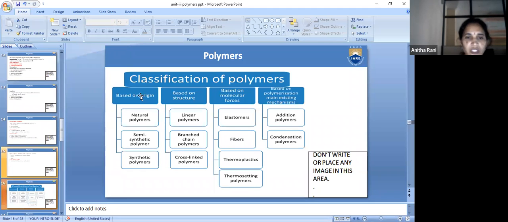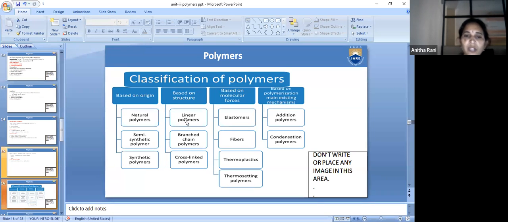Based on origin, there are three types: natural, semi-synthetic, and synthetic polymers. Natural: cotton, silk, wool. Semi-synthetic: cellulose acetate. Synthetic: nylon 66, polyvinyl chloride, bakelite.